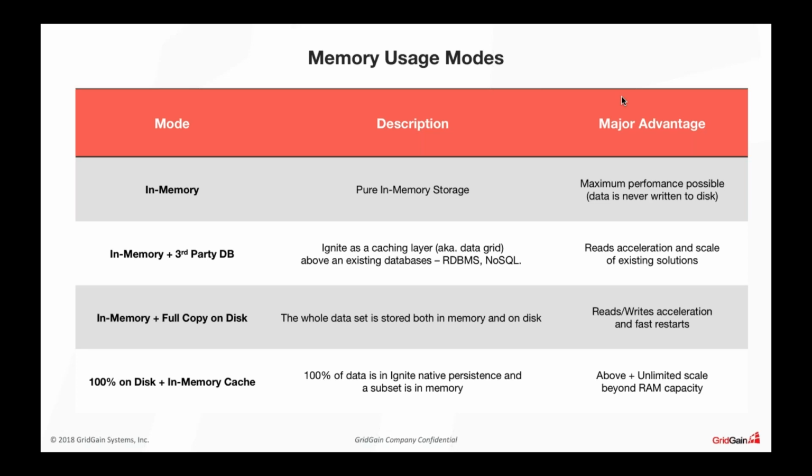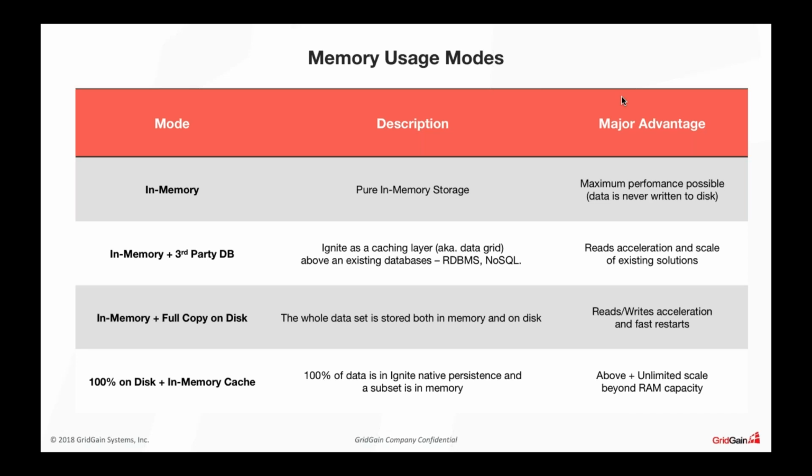The next scenario is the one that we covered during our previous webinar a month ago, when we were talking about acceleration of existing applications. Here Ignite can be used as your caching layer above your existing third-party database.